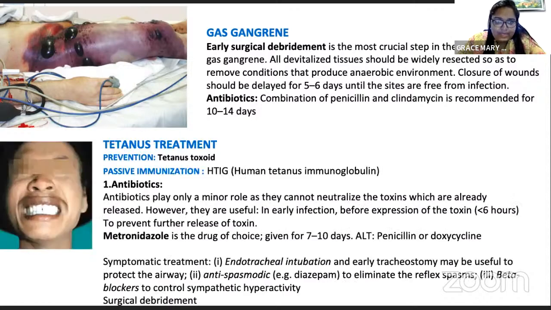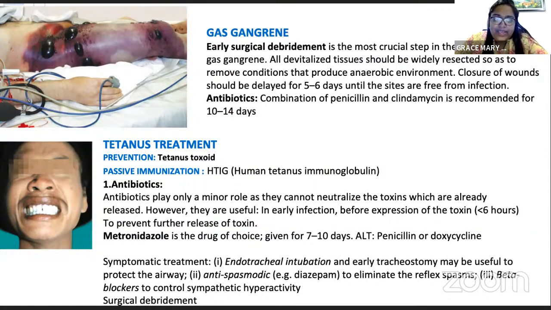bacteria. The other one, Clostridium tetani, like I said, for prevention it is the toxoid, tetanus toxoid. But as treatment, as for immunization, you have the human tetanus immunoglobulin. Okay. The problem is that if you have already contracted the disease, then antibiotics play only a minor role, because antibiotics are not able to neutralize the toxins.